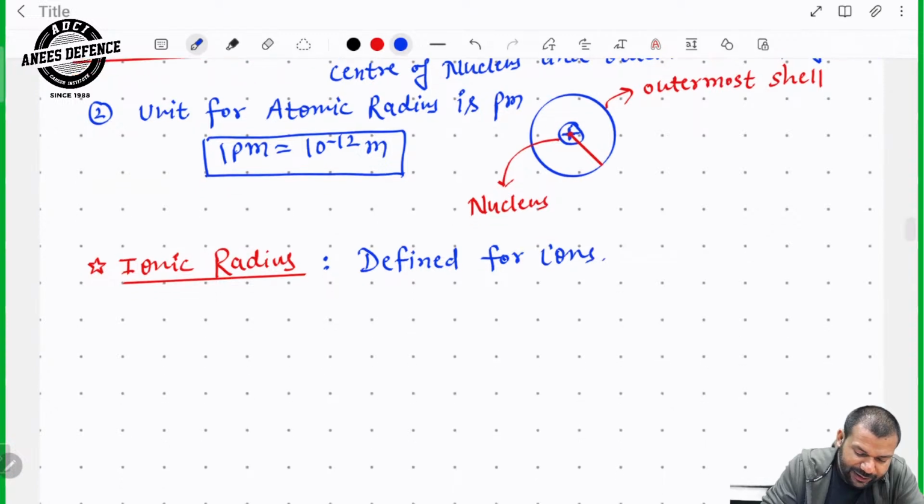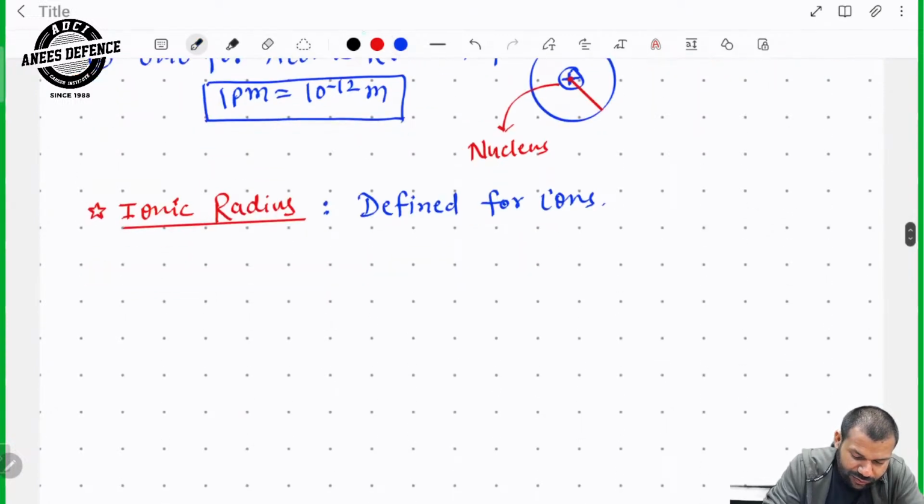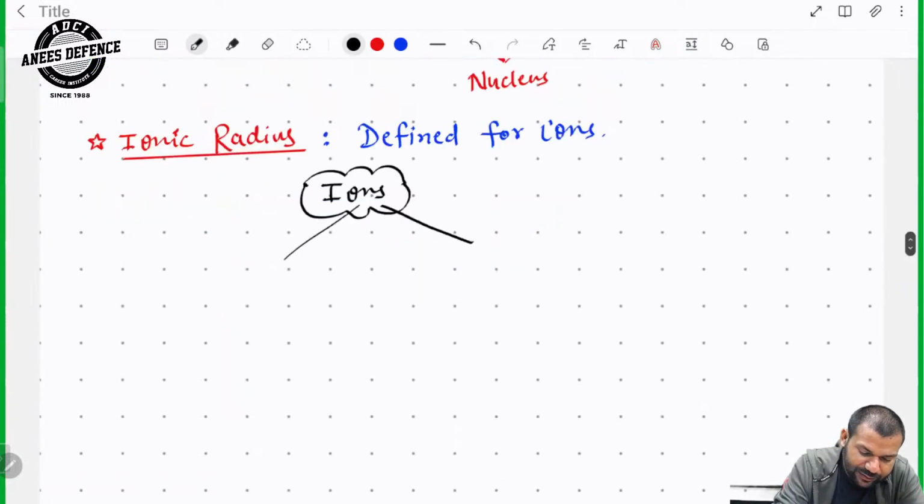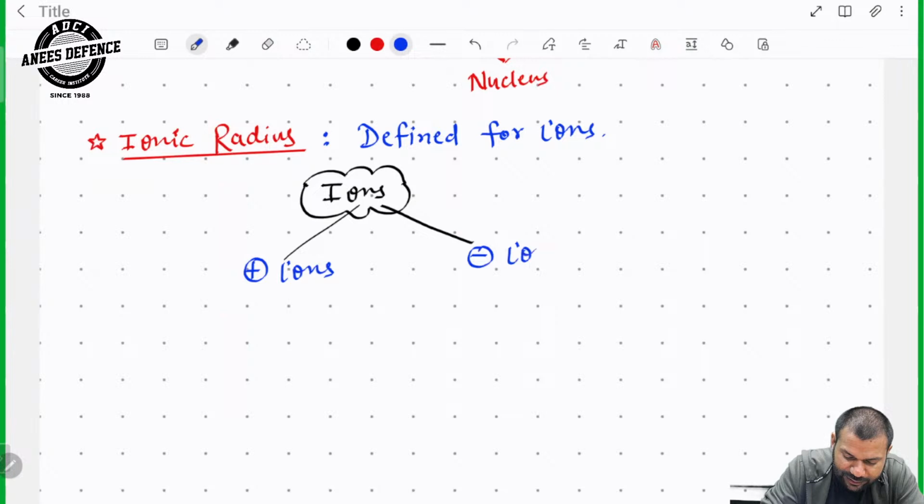In chemistry, we have two categories of ions. One is positive ions, another one is negative ions. Positive ions are known as cations, and negative ions are known as anions, right?